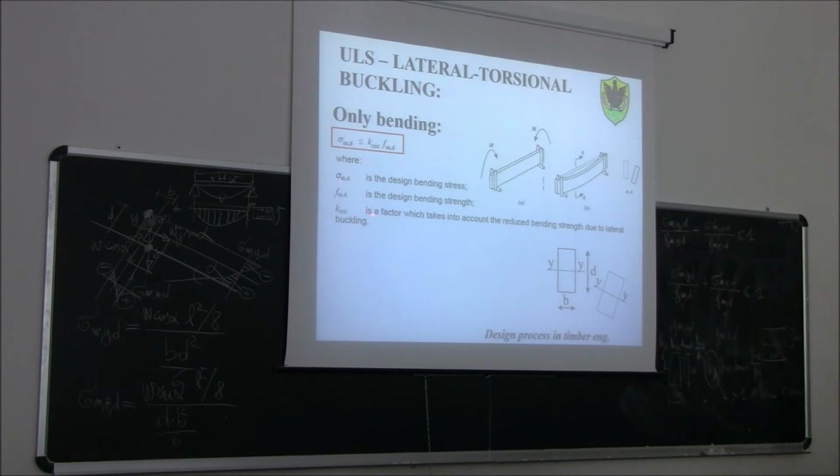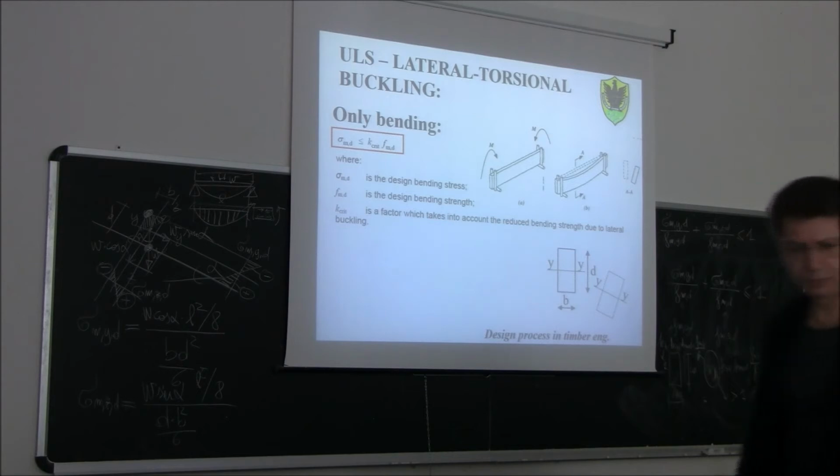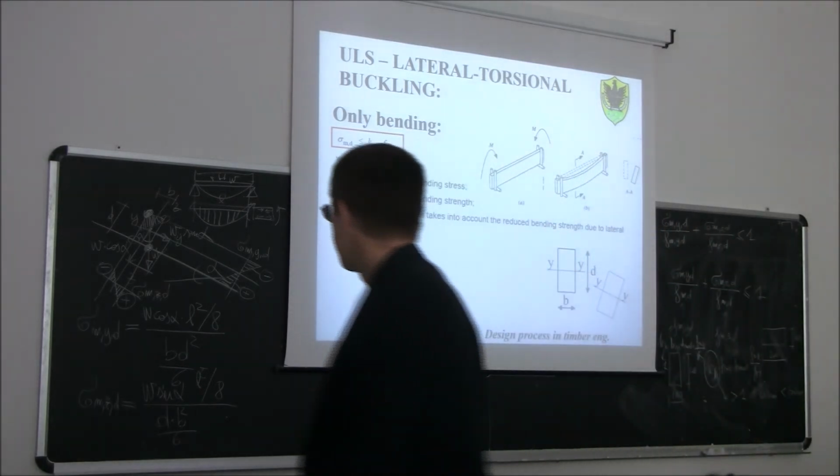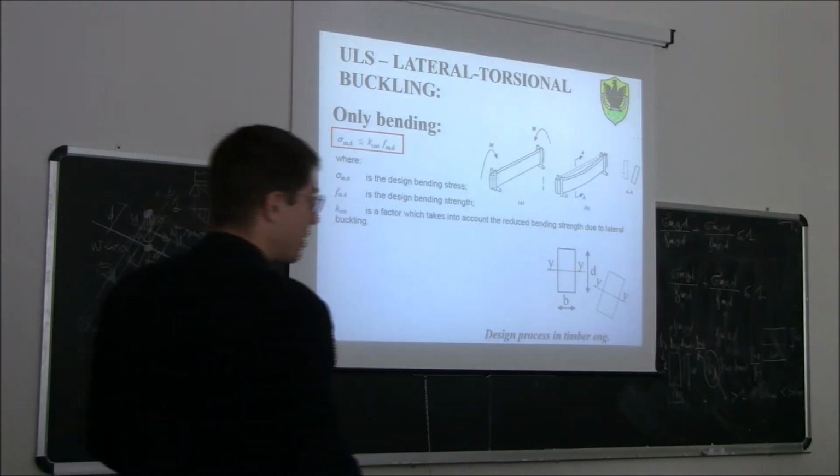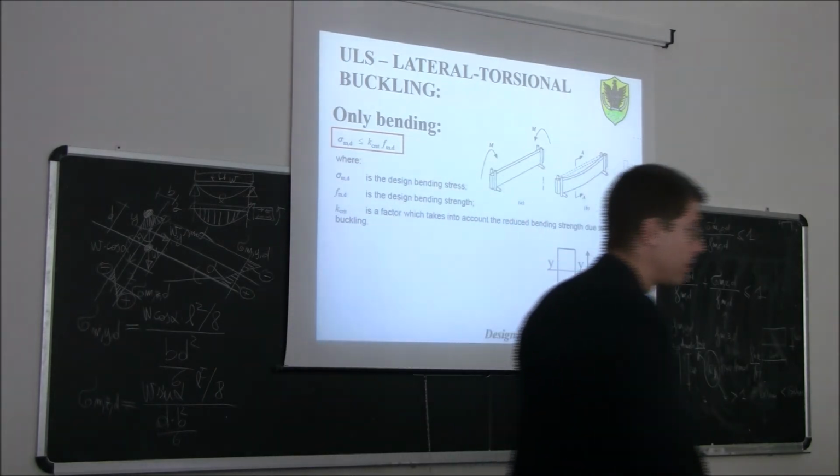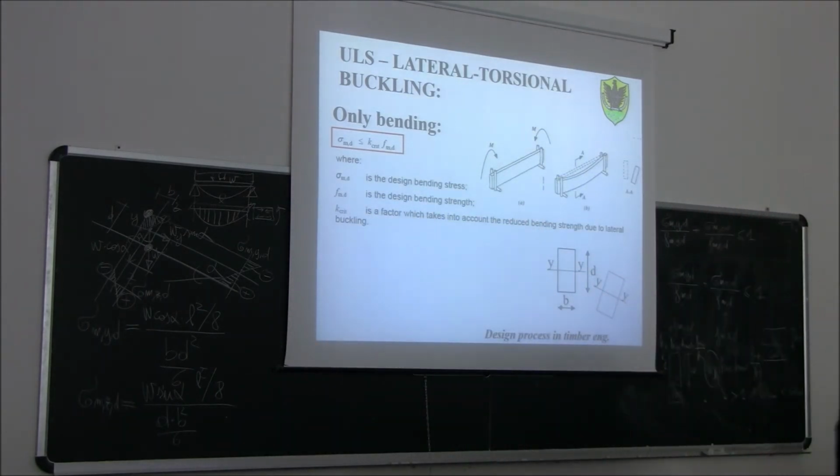This is a factor which takes into account the reduced bending strength due to lateral buckling, like the k_c,y and k_c,z that we were seeing yesterday. So this reduction coefficient is connected to the phenomenon of lateral torsional buckling.